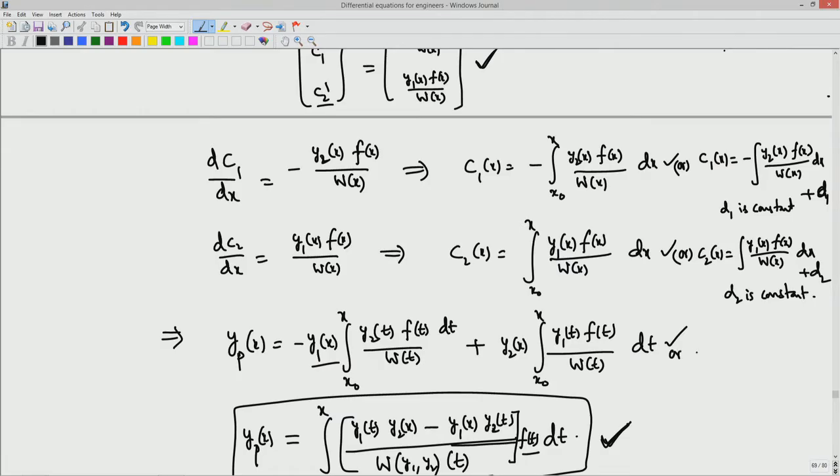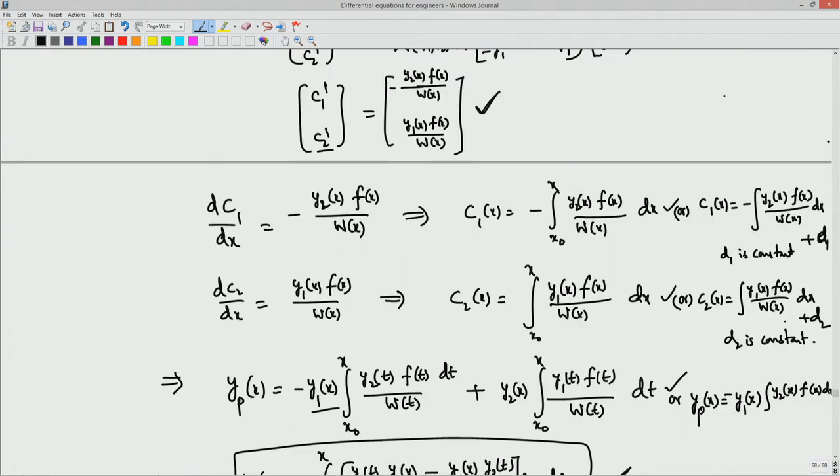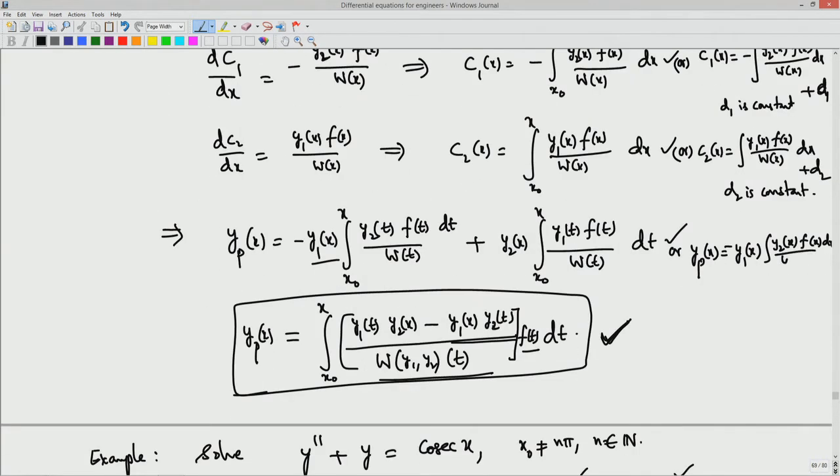You get yp of x as C1 of x times y1(x), with a minus sign for the y2 term, minus y1(x) times the integral of y2(x) f(x) dx by W(x), plus y2(x) times the integral of y1(x) f(x) dx by W(x). This is the form you have; either this or this, any one is okay.